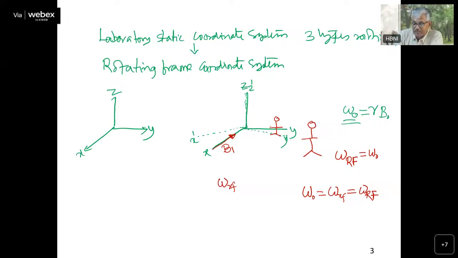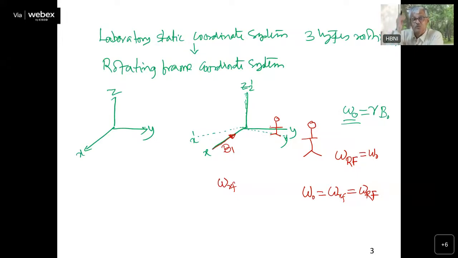What will you see now? Everything is stationary. The B1 is stationary, the Mxy is stationary, the M is stationary. So by moving from the laboratory static coordinate system to the rotating frame coordinate system, all these rotating things become stationary, and your mathematical analysis becomes simpler.